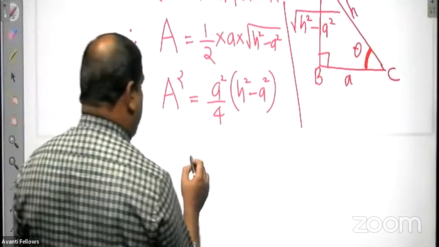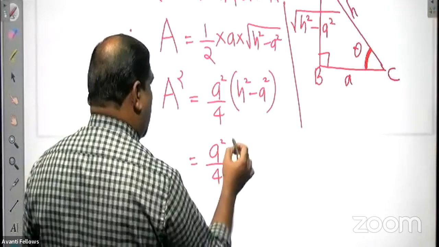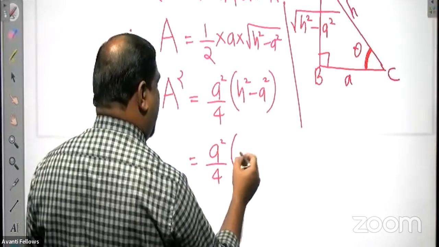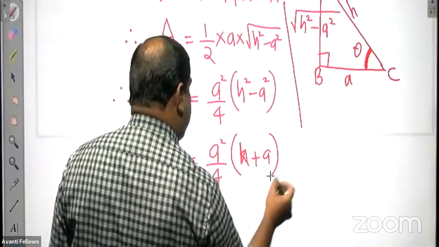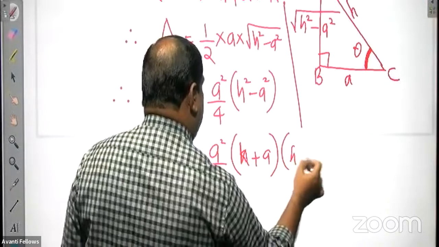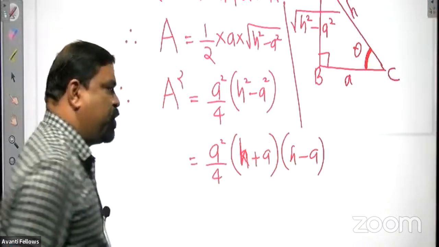For that, what to do? This H square minus A square can be factorized using the algebraic identity a square minus b square equals a plus b into a minus b.